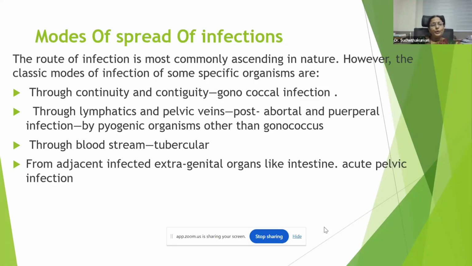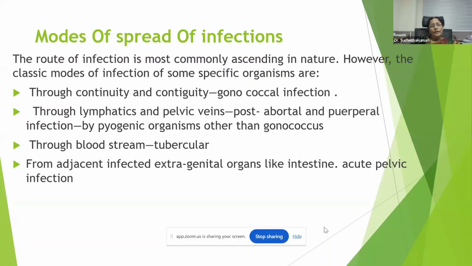Next is through lymphatics and the pelvic veins. This is usually seen in post-abortal and puerperal infections, where the organisms gain access through the lymphatics or the pelvic veins.